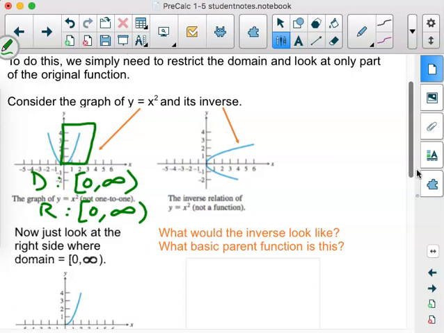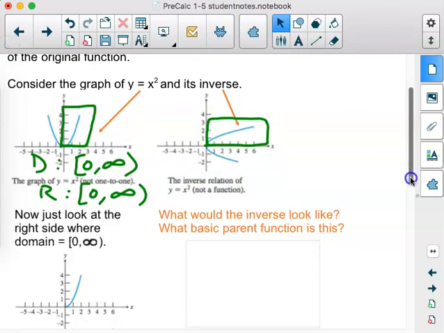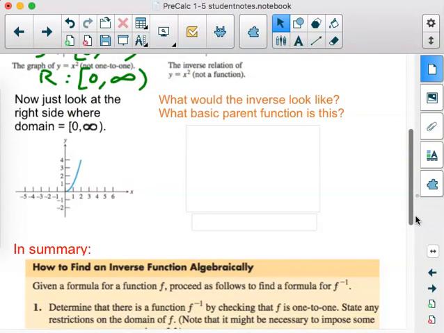So when I do my inverse, that's the part I study, which will have a domain from 0 to infinity and a range from 0 to infinity. It just swaps them out, even though with this one we can't see that because it ended up being the same. So if we just look at one side, like the right side here, from 0 to infinity, that inverse will look like that.